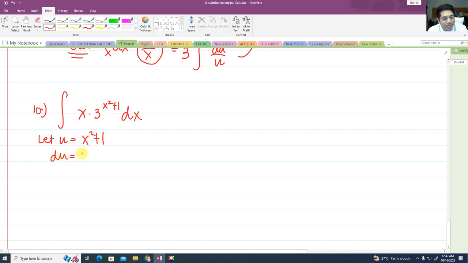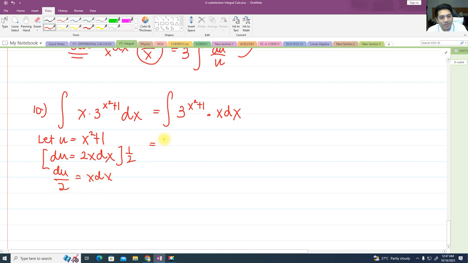Then my du would be 2x dx. If I'm going to rewrite this, that would be 3 raised to x squared plus 1 multiplied by x dx. So I'm going to divide both sides by 2. So we have du all over 2 equals x dx.